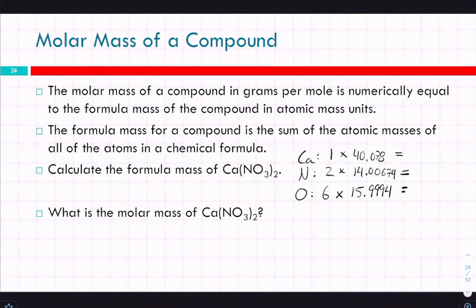And so now we just multiply these. So this one's going to be 40.078. And then 14.00674 times 2 is going to be 28.01348. 6 times 15.9994 is going to be 95.9964. And then we just add all of those together.